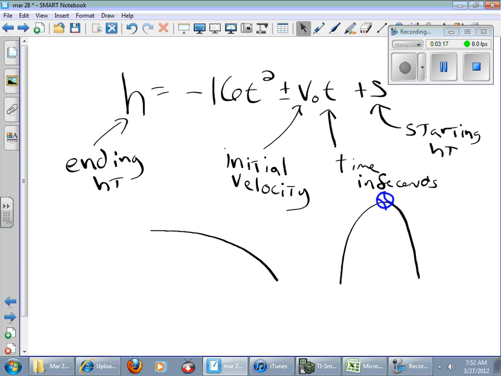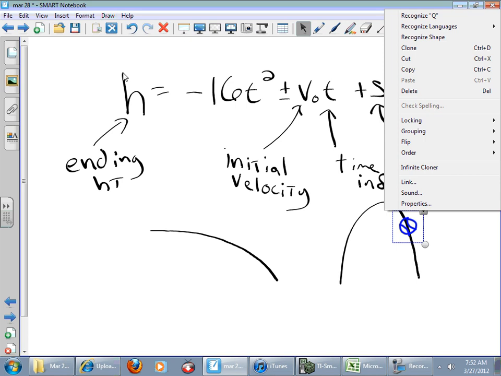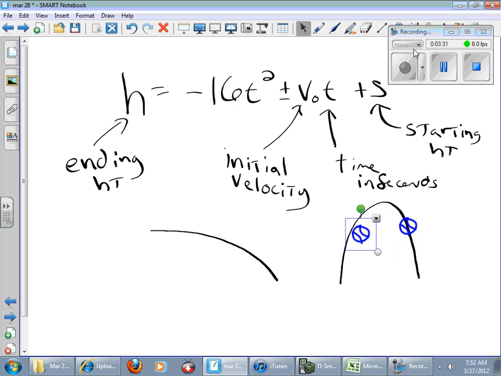Now, one thing that I might need to clarify is that, neglecting air resistance, the speeds on both sides will match. So if I have a ball here, on the descent, its speed matches right there. And then it'll be going fast again here and then eventually hit 0.